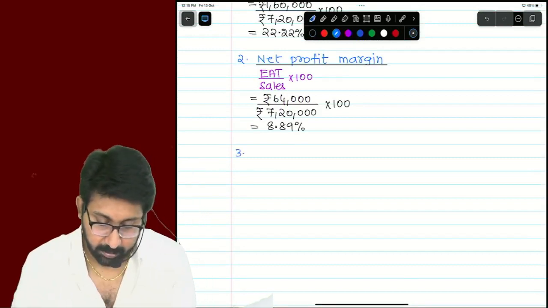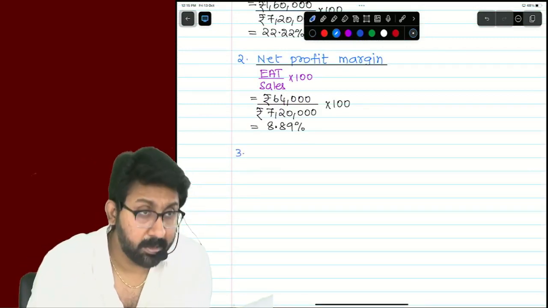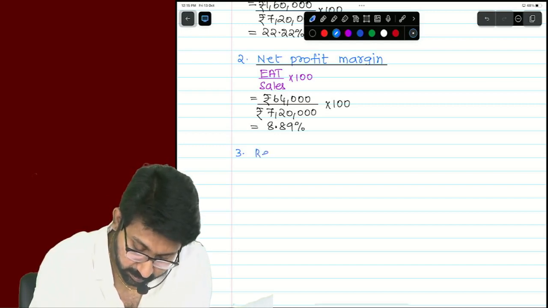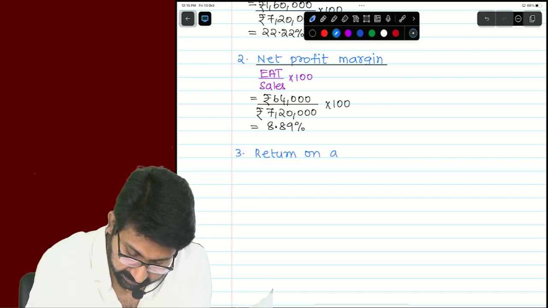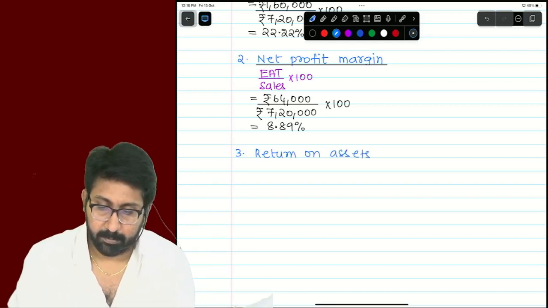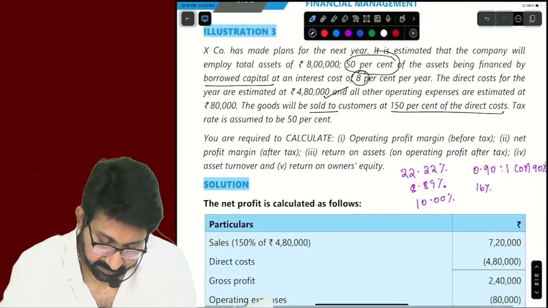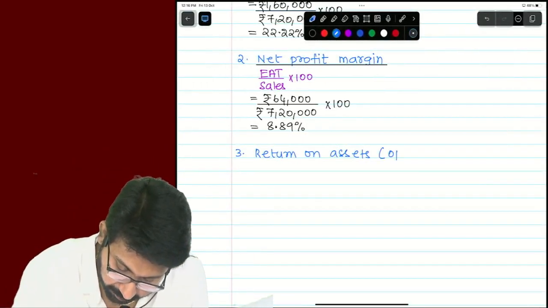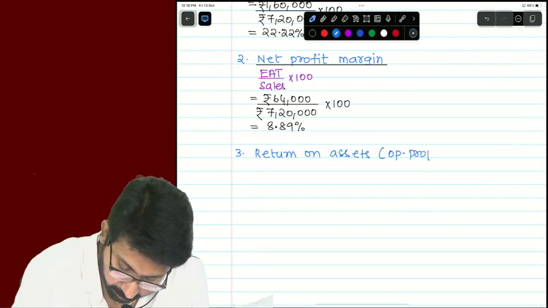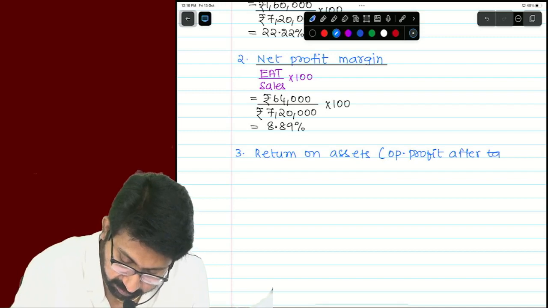Third one. Return on assets. Sir, when you calculate the return on assets, we should take operating profit after tax. This is a specification given in the question.